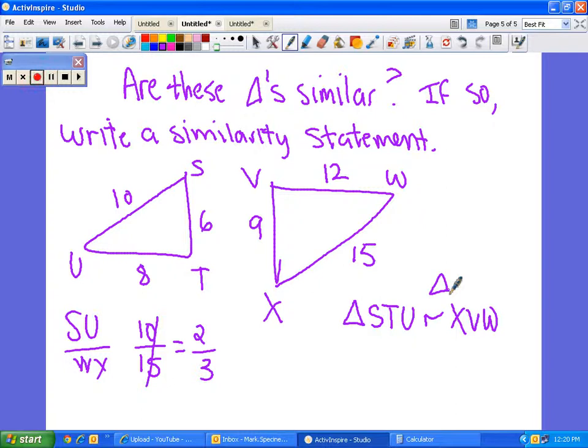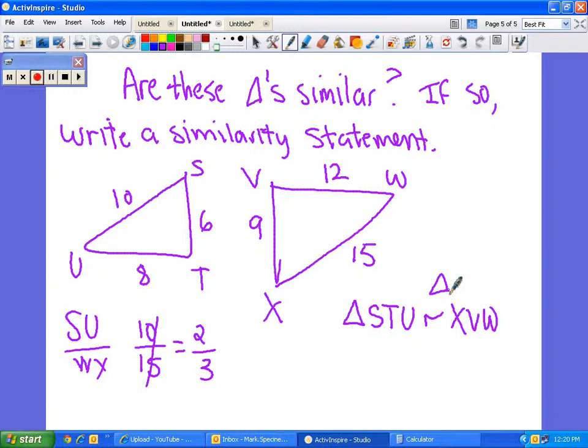Riley? Correspond. Which correspond? That's X, T, W. That's right. If you label the triangle STU, and you label the triangle XVW, what you're saying is that side ST corresponds with side XV.